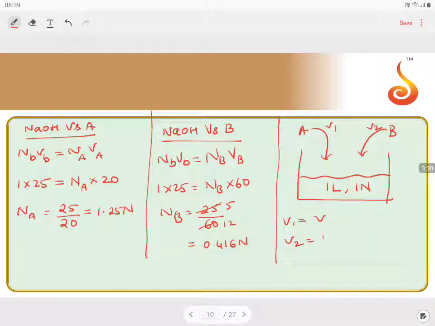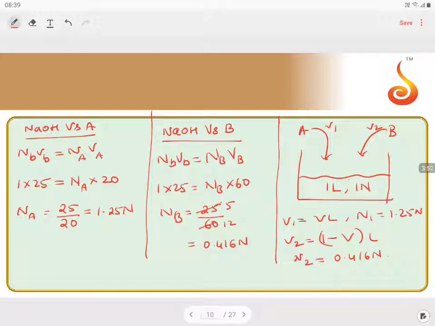Instead of taking 1000 minus V, take 1 minus V liters. Correspondingly, normality N1 equals 1.25 and N2 equals 0.416 now. And what is the formula we are going to use in this particular one?